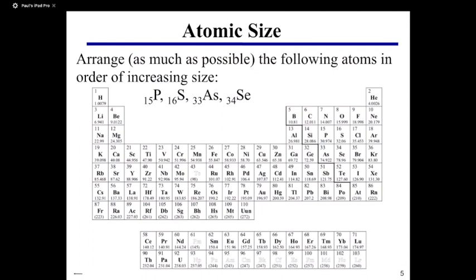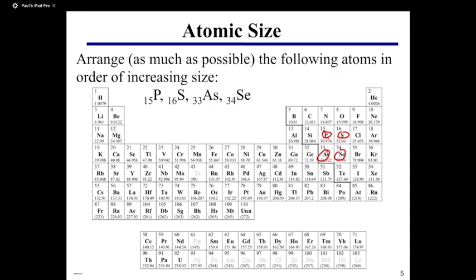All right, the size of phosphorus, sulfur, arsenic and selenium. All right, when we take a look at these, if I compare sulfur and phosphorus, which one is bigger? Phosphorus, because the trend says that way goes bigger. If I compare sulfur and selenium, which one is bigger? Selenium, because I go down. If I compare phosphorus to arsenic, which one's bigger?